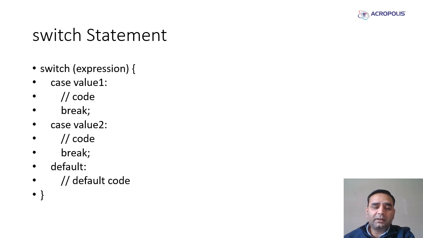It has two parts, switch and case. In the switch block we have an expression, and according to this expression, the corresponding case will be executed. At the end of the cases, we have a default, so that if none of the cases is matched, then the default block will be executed. And at the end of each case, we have to use break.